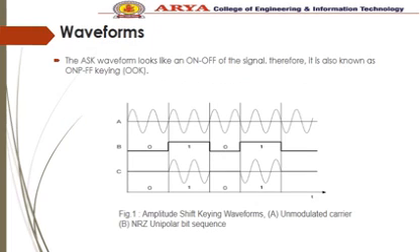The ASK waveform looks like an on-off of the signal, so it is also called on-off keying modulation. Here in this figure, waveform A shows an unmodulated carrier signal. B represents an NRZ unipolar bit sequence, and waveform C represents the modulated signal.